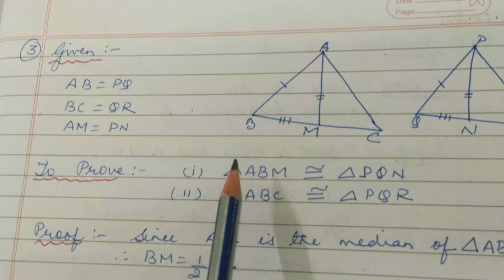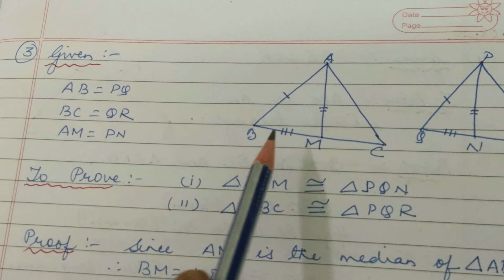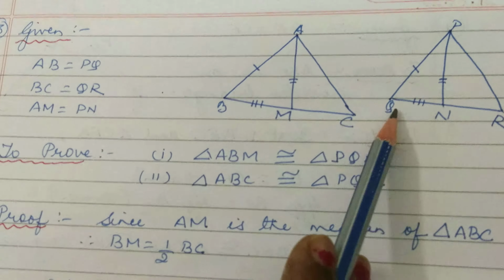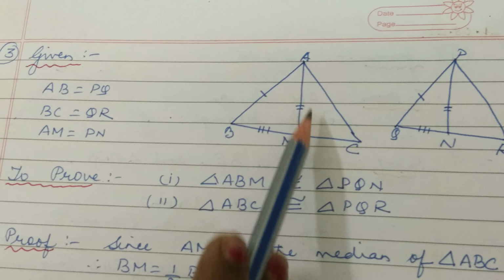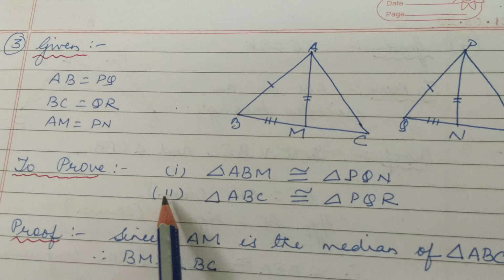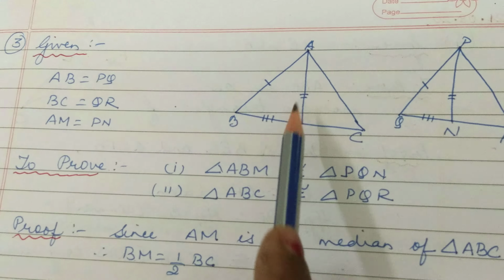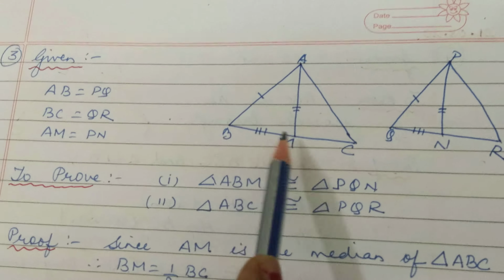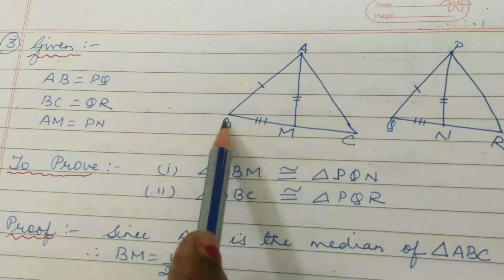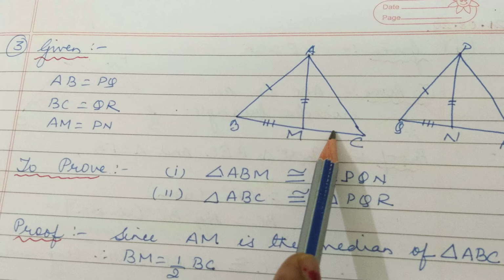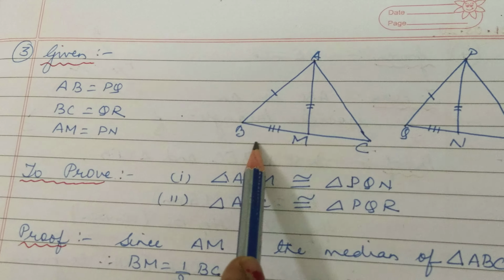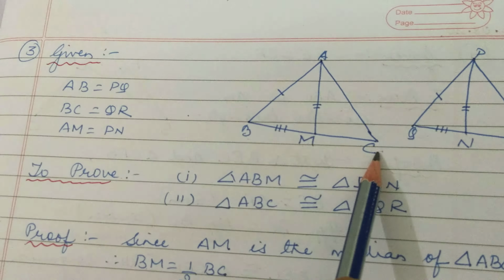Now let us see these two triangles. It is given that AB is equal to PQ, BC is equal to QR, and AM equals PN. Now since AM is the median of triangle ABC, AM is dividing this BC into two equal parts, that is BM equals MC, or we can write BM equals half of BC.